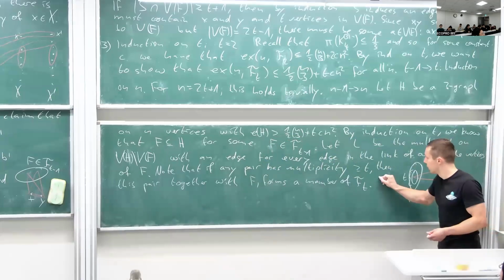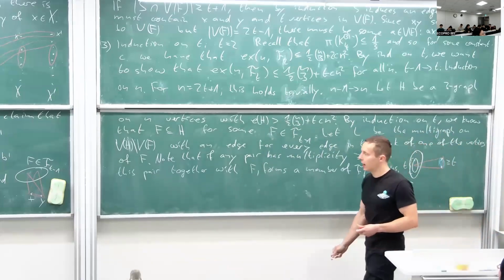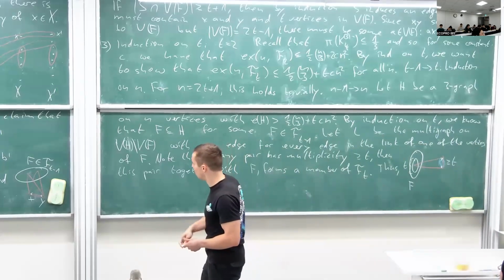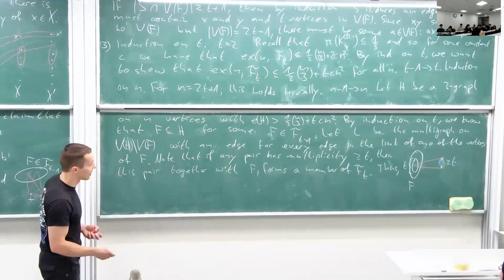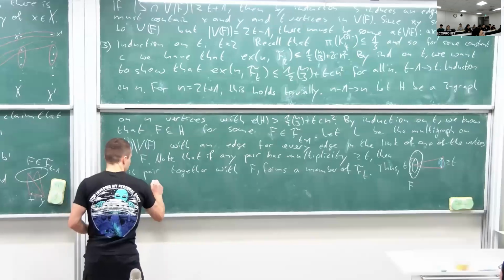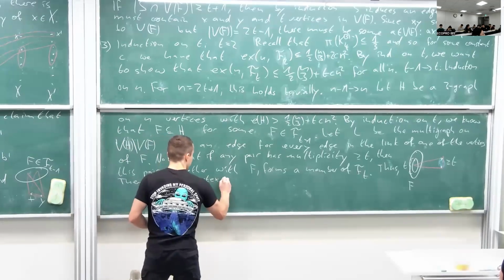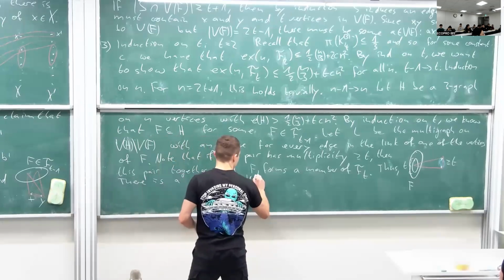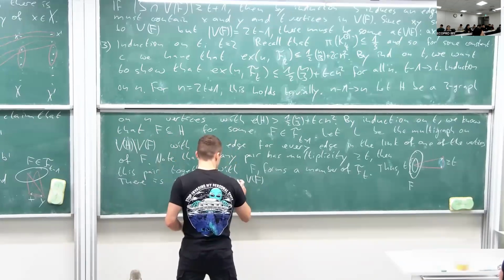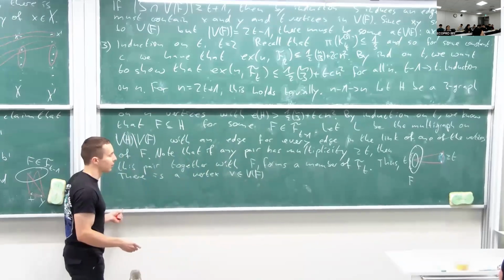Okay. So we know that every pair has multiplicity below that, so at most t minus 1. And then by averaging, there's a vertex v in F which has relatively small degree.